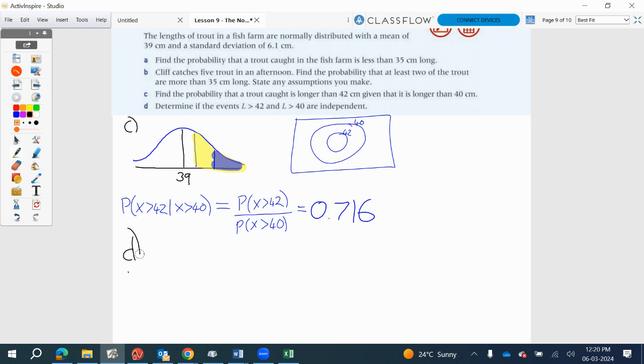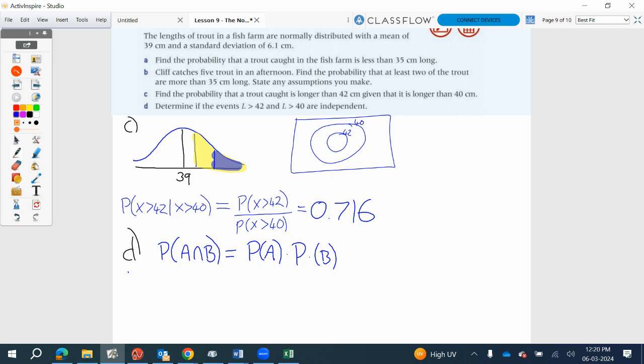Not quite, almost. The intersection of A and B has to be equal to the probability of A times the probability of B.